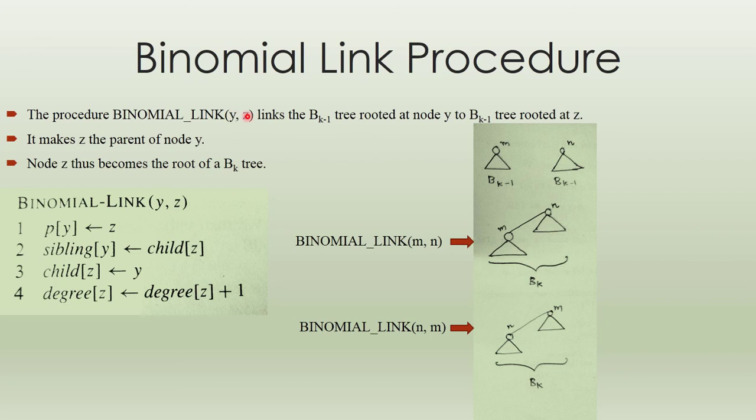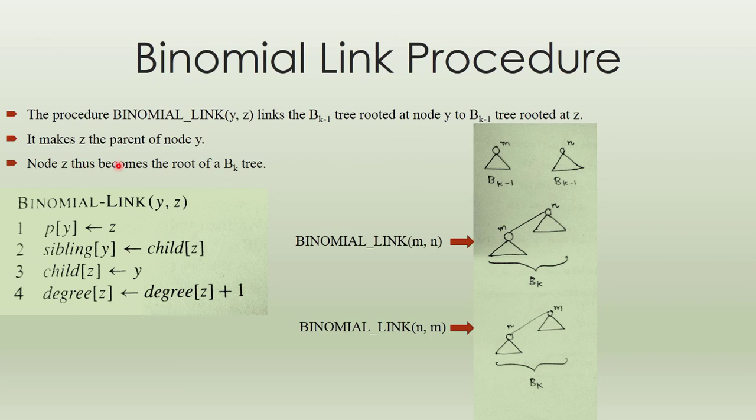Y is the root node of a B k minus 1 tree. Similarly, z is also a root of a B k minus 1 tree. We already studied that when two B k minus 1 trees are combined, we will get a B k tree. It makes z the parent of node y. When I apply binomial link on two B k minus 1 trees with roots y and z, in the resultant B k tree, z will be the parent node of y.